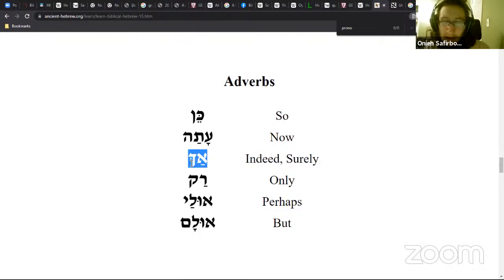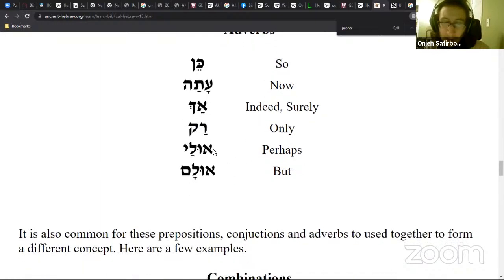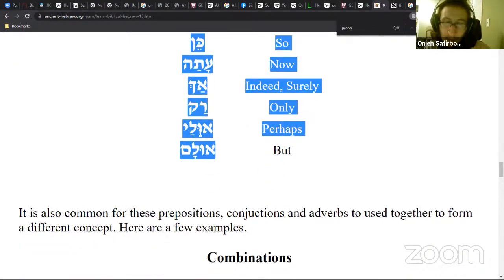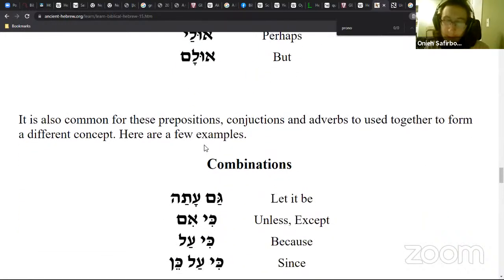Aleph Kaf, surely. Resh Kof, only. Aleph Waw Lamed Yod, perhaps. Aleph Waw Lamed Mem, but. So we'll have to go into these some other time in greater depth.